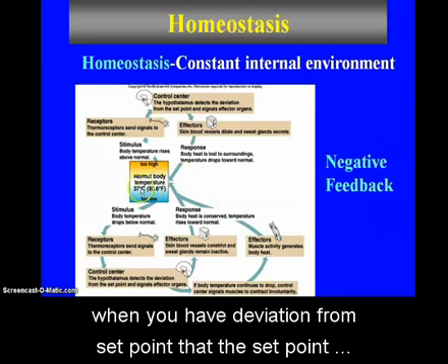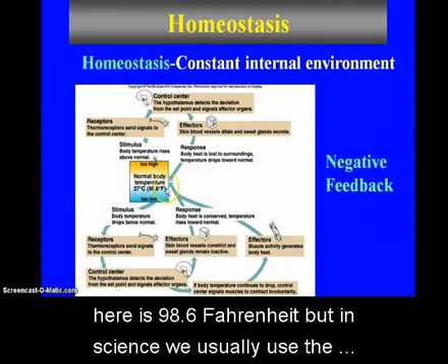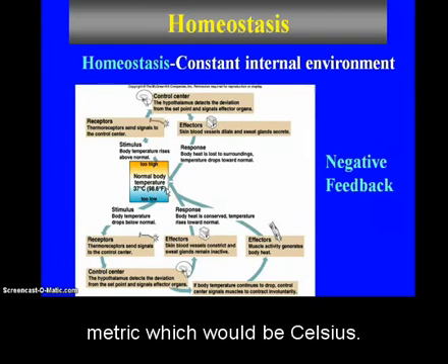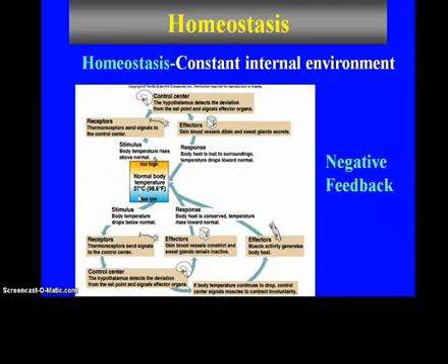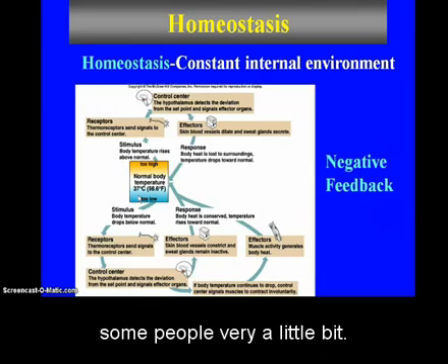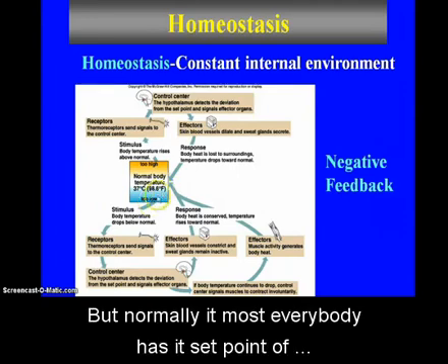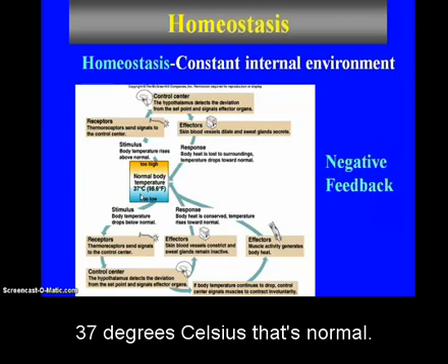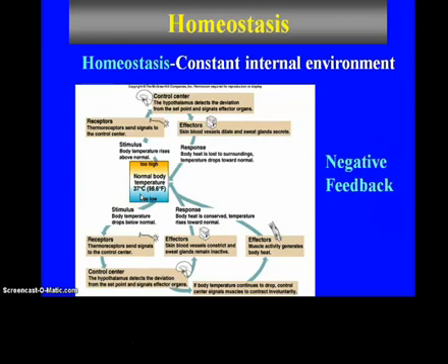The set point here is 98.6 Fahrenheit, but in science we usually use the metric, Celsius, and that would be 37 degrees. That's our normal body temperature or set point. Some people vary a little bit by a tenth of a degree, but normally most everybody has a set point of 37 degrees Celsius.